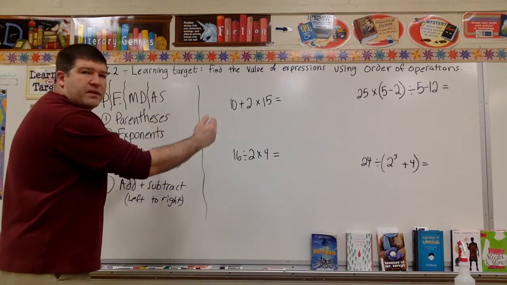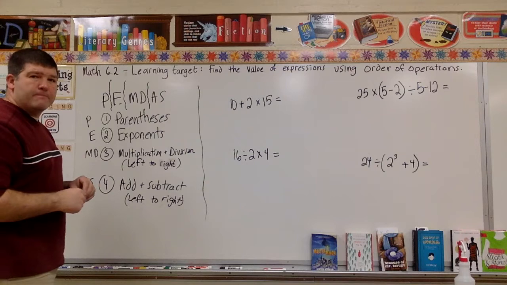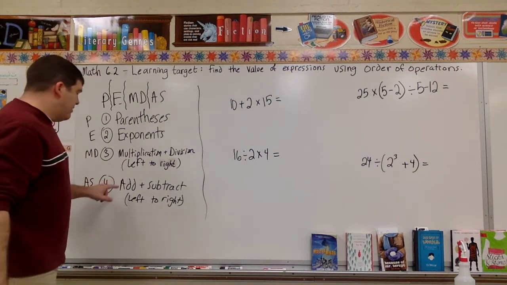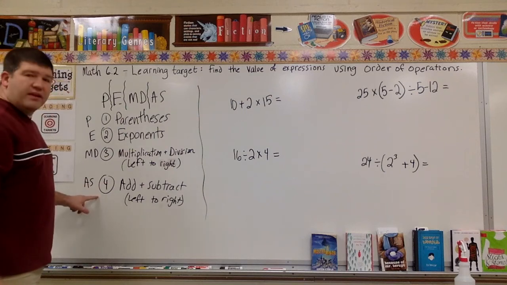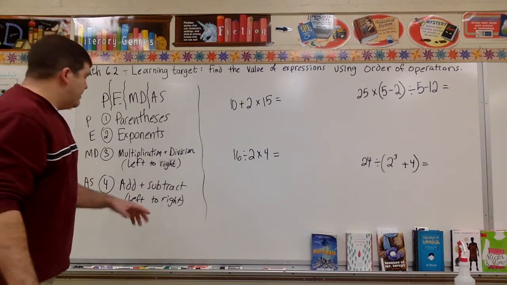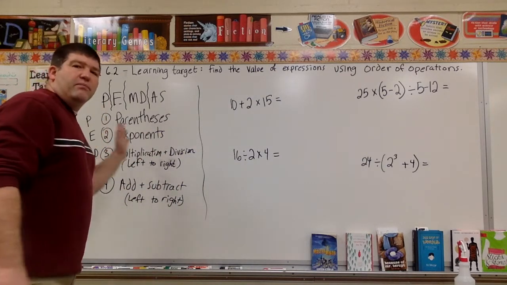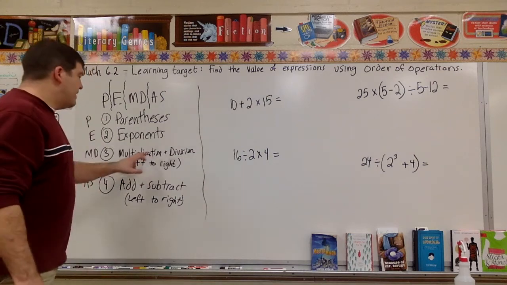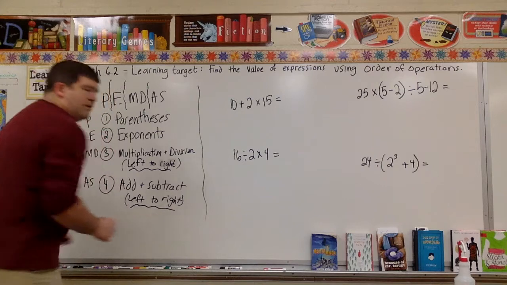And then you can do a multiplication and then division. But you got to go left to right. Now, once you've done all the multiplication and division left to right, then the 4th thing is A and S, addition and subtraction. Again, you start from the left and go right. Doesn't matter if it's adding or subtracting, you do from left to right. That's important. This right here is really important.